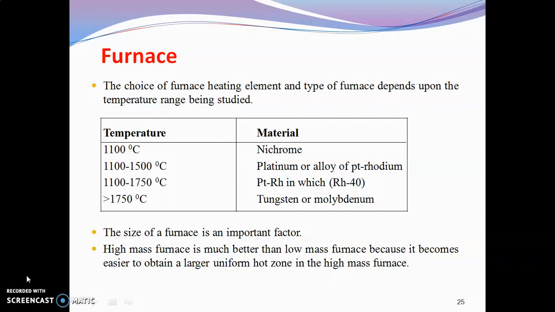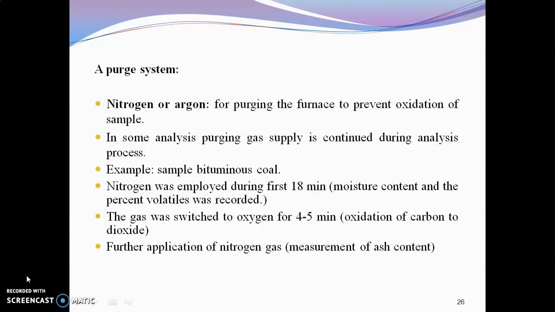If we require a temperature of more than 1750, we can use tungsten or molybdenum as a material. The size of the furnace is very important. A high mass furnace is much better than a low mass furnace because it becomes easier to obtain a large uniform hot zone in the high mass furnace.